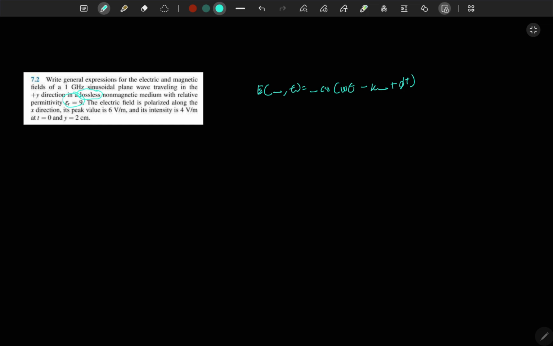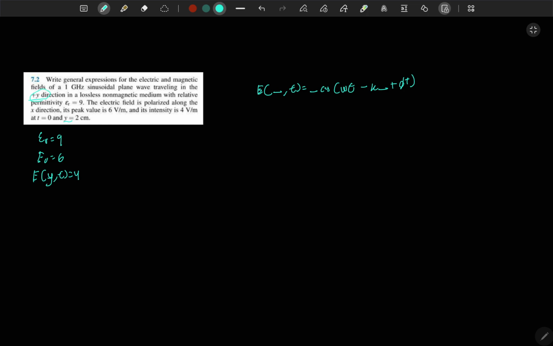Now read the question and take the values first. You have permittivity equal to 9, then peak value equal to 6, and the intensity means that E at time 0 is 4. Then they said y, so you know that it's traveling in the y direction.